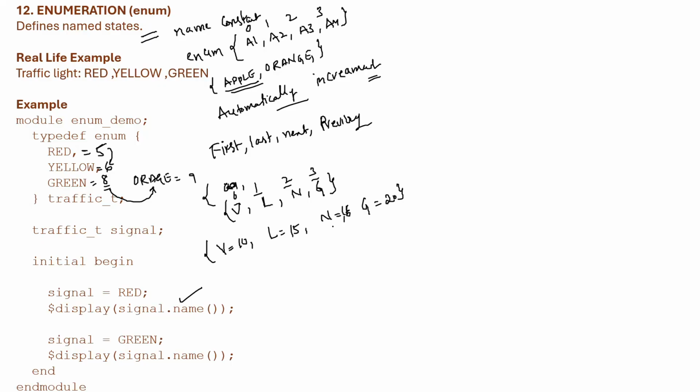If you assign a duplicate value for an existing name, then it gives a syntax error, a compilation error. So V is equal to 10 I'm giving, then here 11 we are getting, but if N is equal to 11 I assign here, then L is also getting 11, right? But this is not supported by the enum data type.